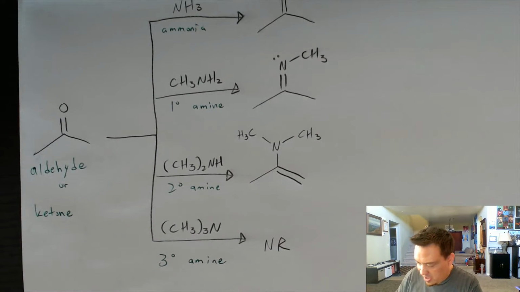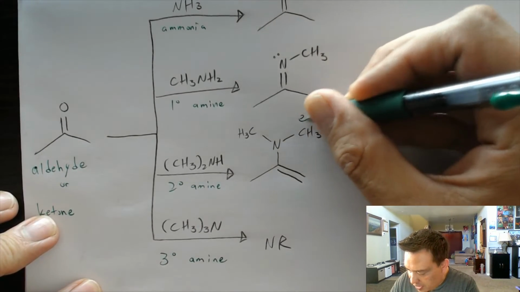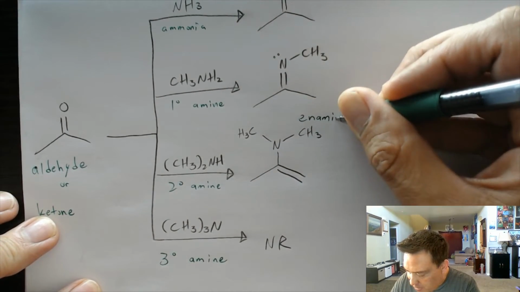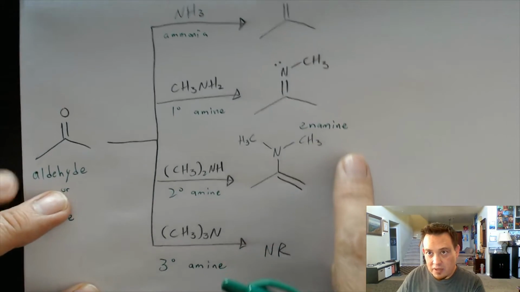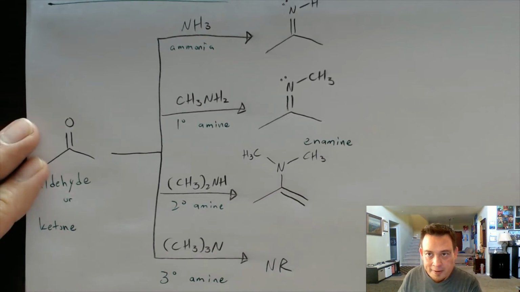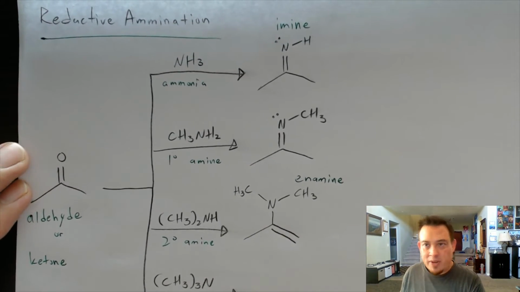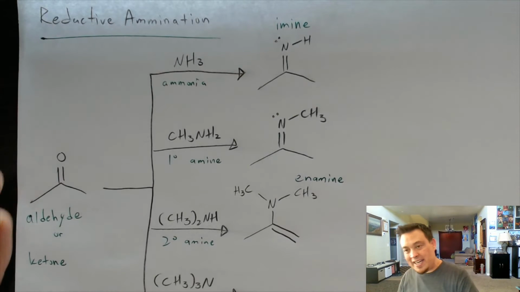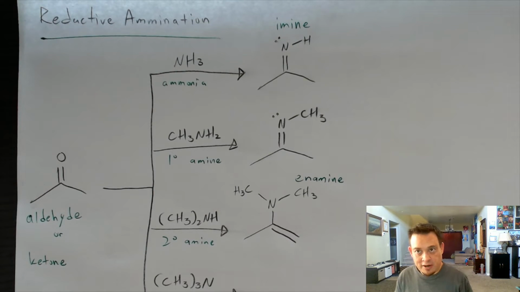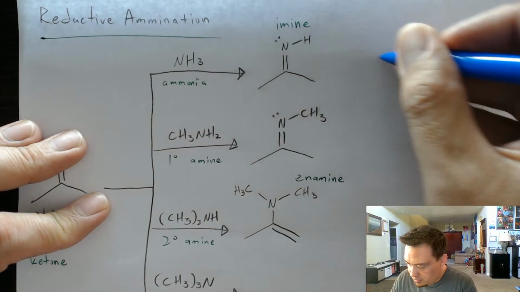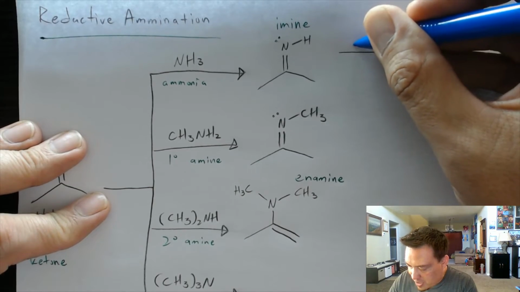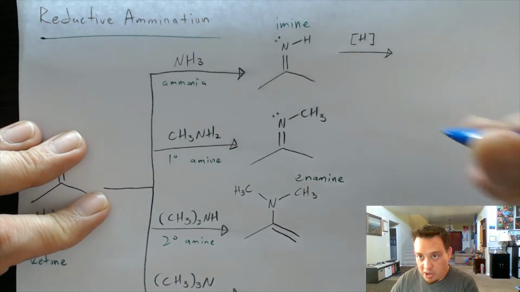I didn't go over it in a lot of detail in lecture, but I do want to mention here that enamines have similar chemistry as enolates. They look kind of like an enolate here. But anyway, after you have your imine or enamine, if you do a reduction here, these will become amines. So here I'm just going to put generic H, and then I'll show you what these are below.